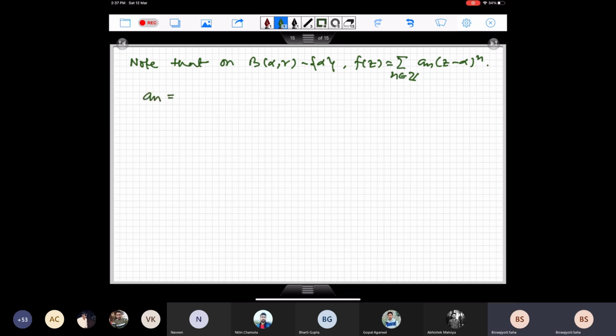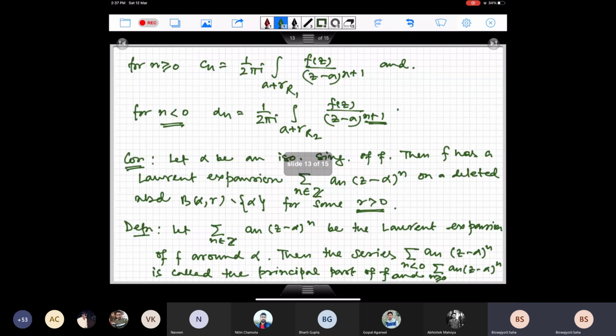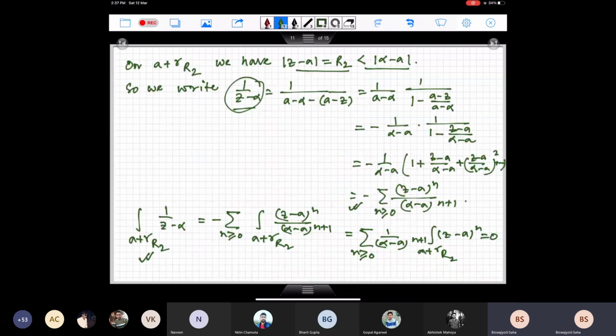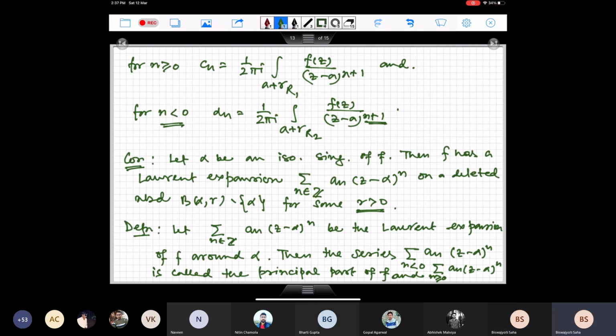An was of course 1 upon 2 pi i, let's say, integral over alpha plus gamma t of f of z divided by z minus alpha power n plus 1. Here I'm going to take my t somewhere between 0 and r. Initially I wrote dn and cn in this form, with alpha plus gamma r2 and alpha plus gamma r1.